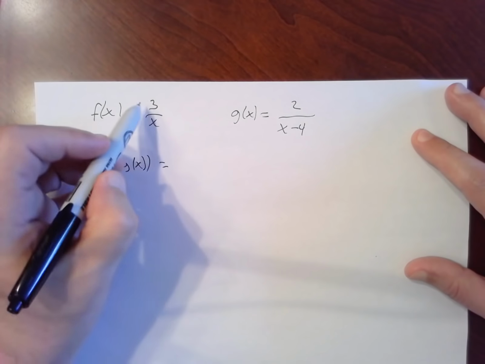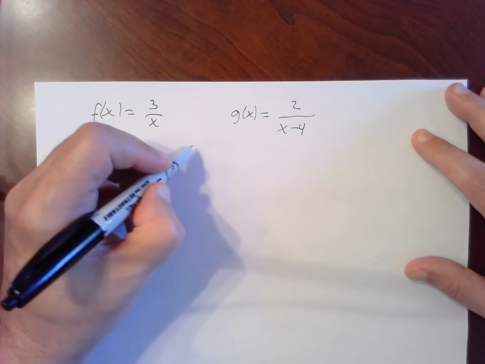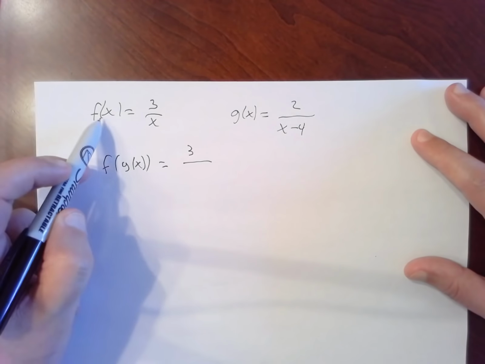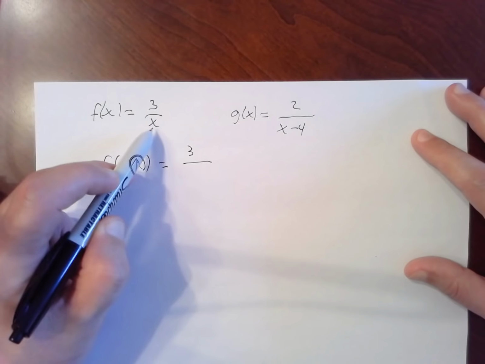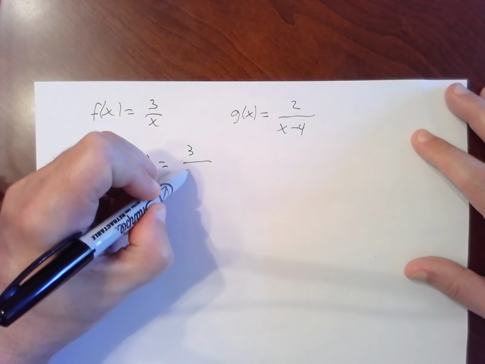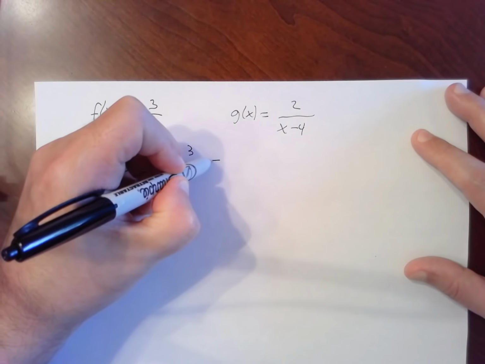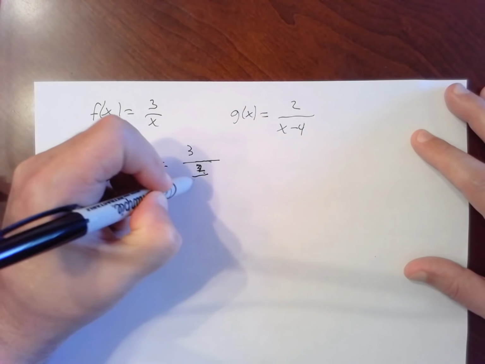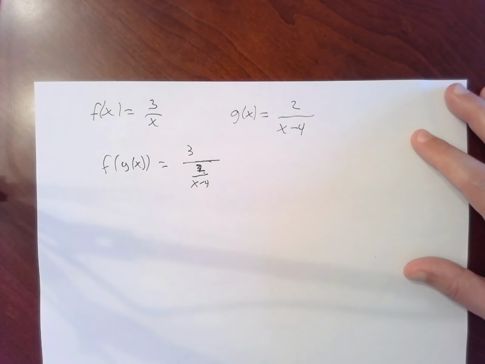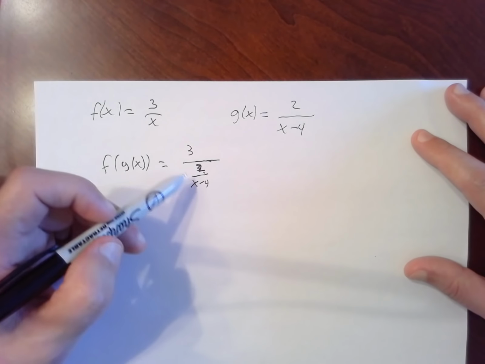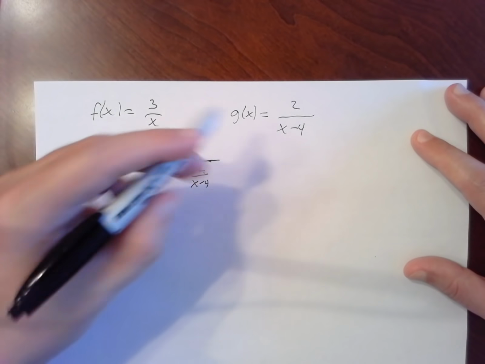F of g of x means write down the outside function, f, 3 over stuff. F of x is 3 over your input. What is my input? G of x. So I want 3 over 2 over x minus 4. Okay, this can be simplified. Do a little bit of a keep change flip here. Keep the top.